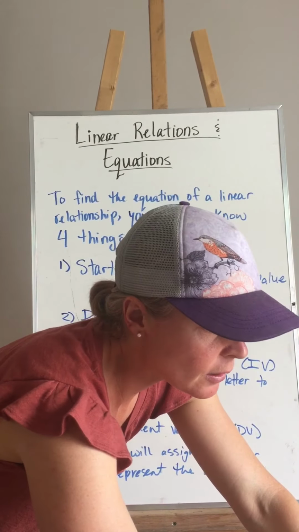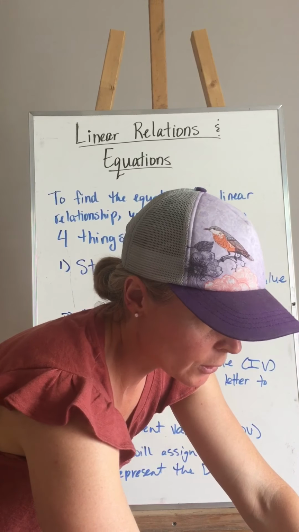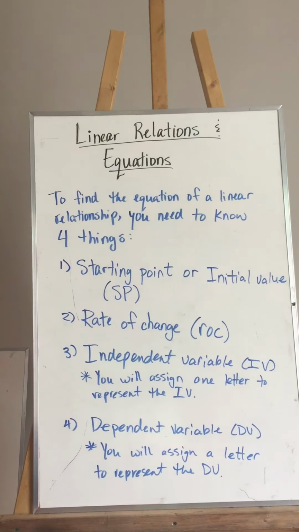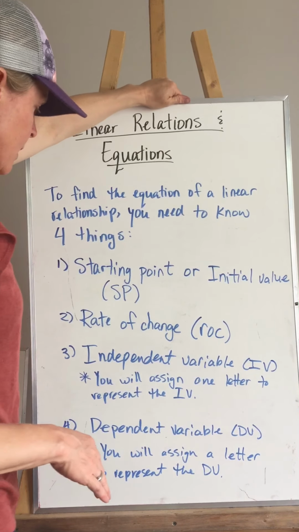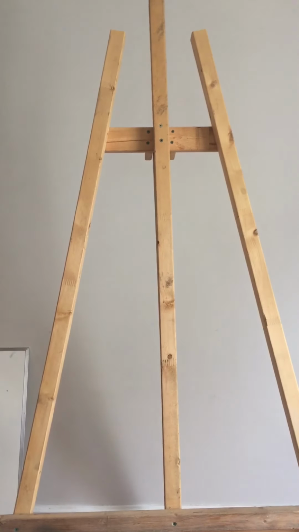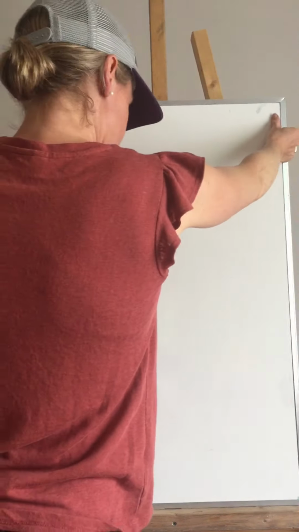Now, let's talk about how we're going to put this together. So hopefully, let me press pause to copy that down. There's an equation here that for any test or quiz, you would always be given.